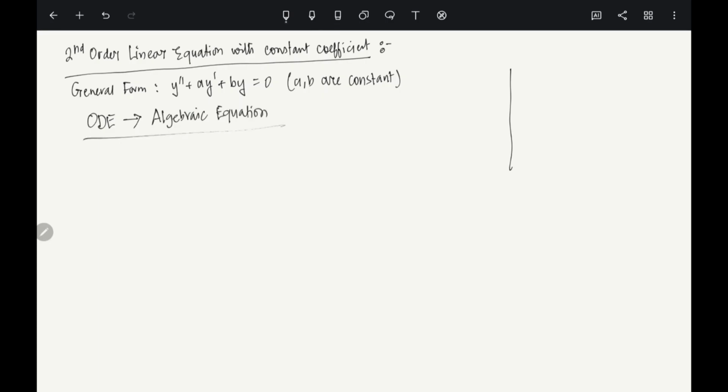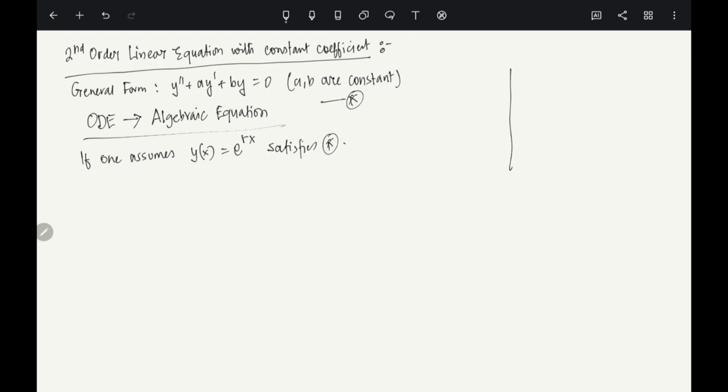Let's say that one assumes there is a function y of x, which is e power r x, and that satisfies the equation, let's call it star. Here we have to find r such that this happens.